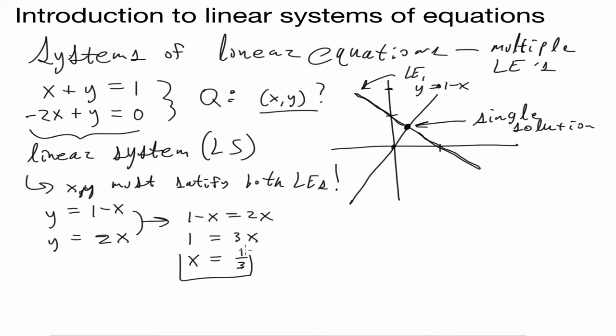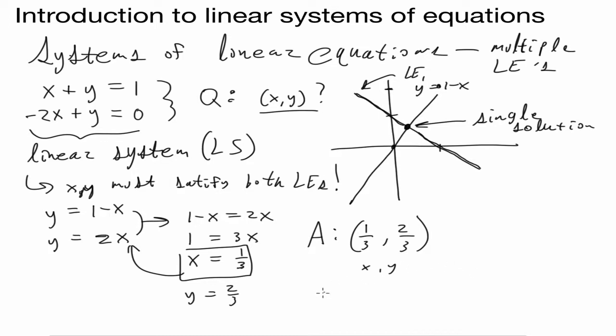All right, so we have the first value there, and of course we can plug that value into there, and we get that y is equal to 2/3. So the answer to our question is 1/3, 2/3. That's my x and my y.